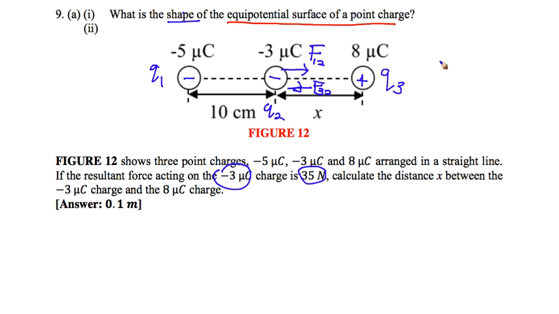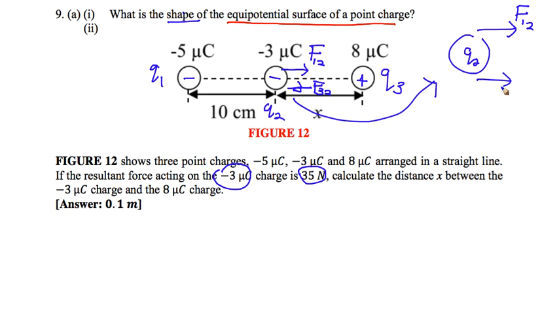So the charge q2 has two forces. The first force to the right is F12, and the second force also to the right is F32. The resultant force at the negative q2 here is equal to 35 Newtons.